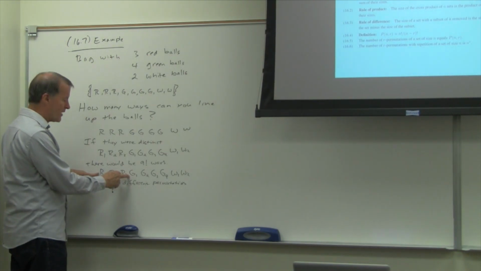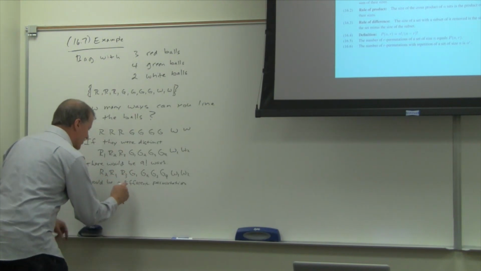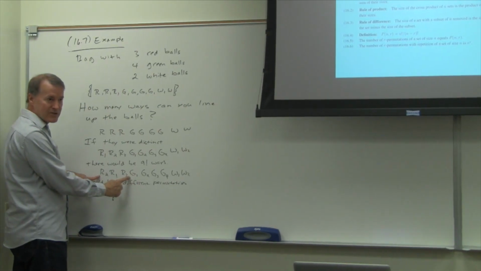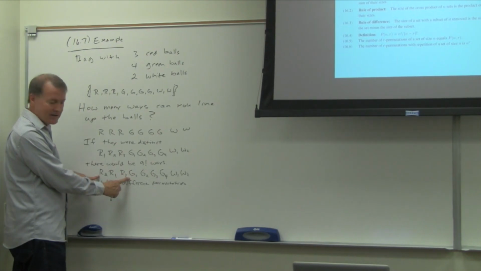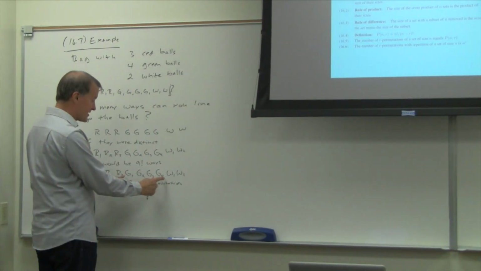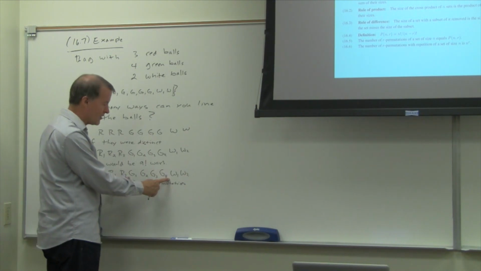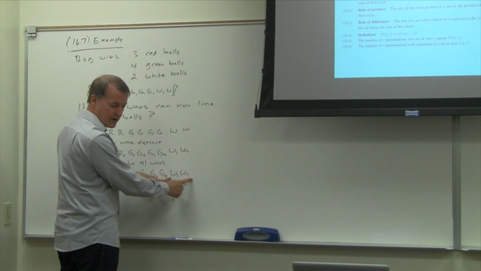So what do we have to do? We have to take that 9 factorial and divide it by how many permutations of the reds there are if they were distinct. Then you can apply the same reasoning with the G's, so you also have to divide by 4 factorial, and the same with the W's, so you'd have to divide by however many permutations of 2 there are.